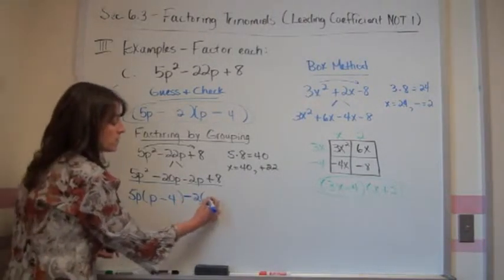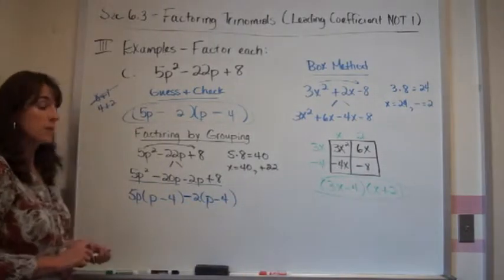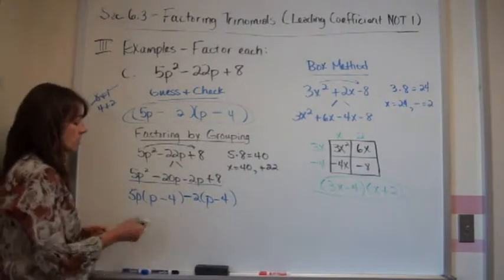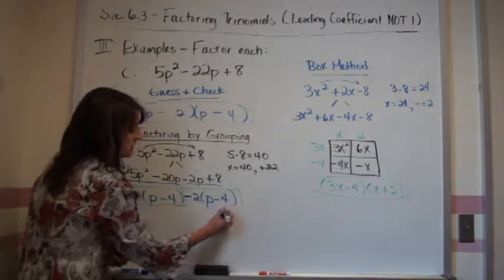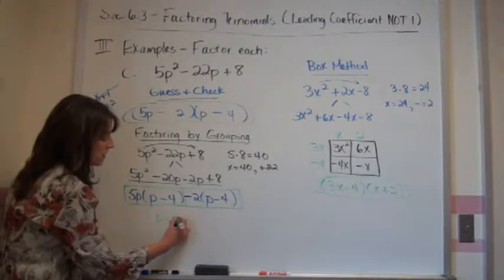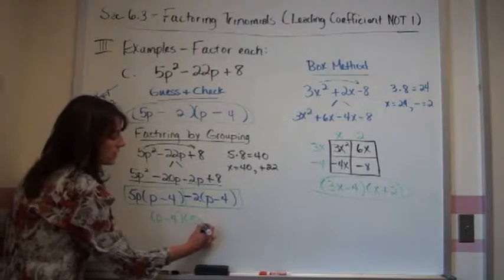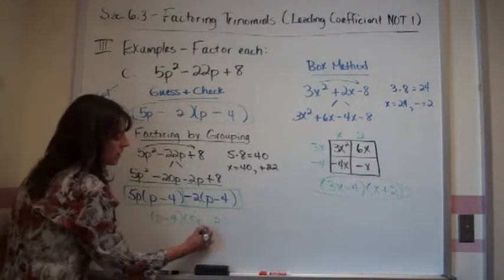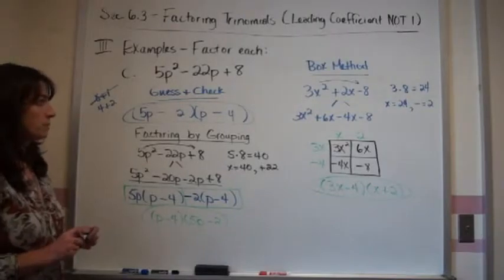So I need to divide the negative 2 out so that I'll get a p minus 4, and now those parentheses can be identical. Because now I've created two, okay, very odd looking terms, yes, but within each of those, they both have that p minus 4 in common. So I'm going to divide the p minus 4 out. I'll be left with a 5p here. I'll be left with a 2 here. And notice, like we said before, same thing in green as what's in blue.